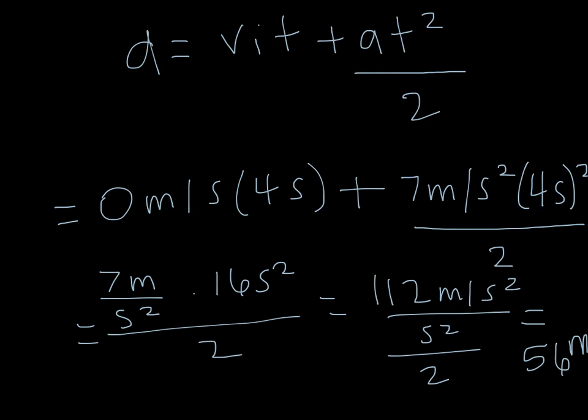That's much better. Okay. So the last question asks how much work was performed during the acceleration of the car. And so you have to use 2 equations to figure this out. First, you have to use force equals mass times acceleration to find out the force used by the car.